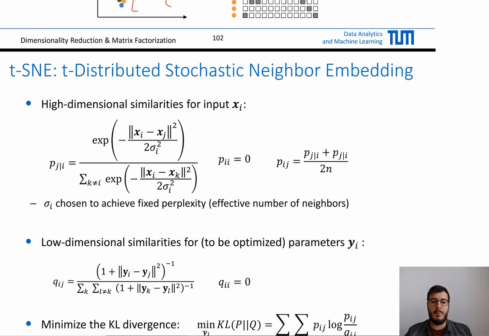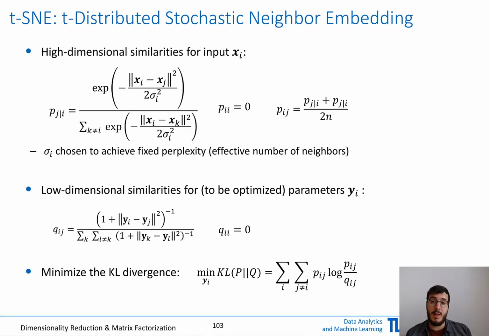And now we're going to look at a particular method for achieving this, which is very popular in practice. And this is the T-distributed stochastic neighborhood embedding method. This method, called tSNE, computes similarities in a particular way. The general plan is that starting with a pairwise distance matrix, we're going to convert this into a pairwise similarity matrix.